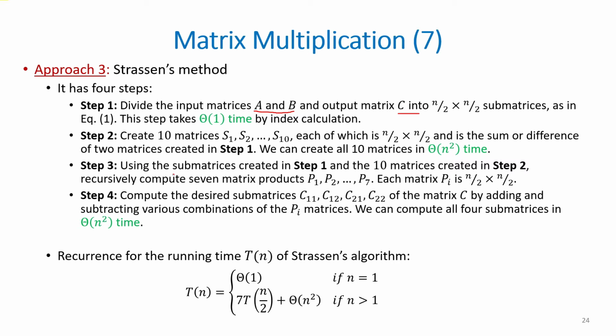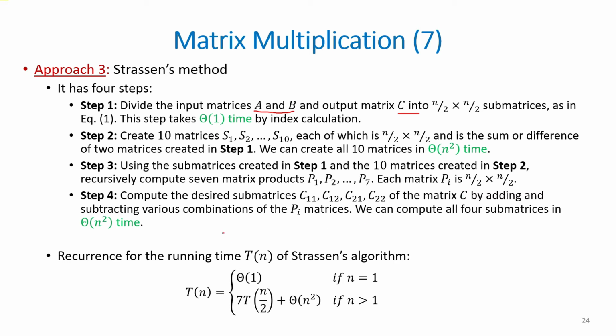In step 3, we use the submatrices that we obtained in step 1 and the submatrices that we computed in step 2, and we create 7 new matrices. And these matrices are actually the products P1 to P7, and they have the dimension n/2.